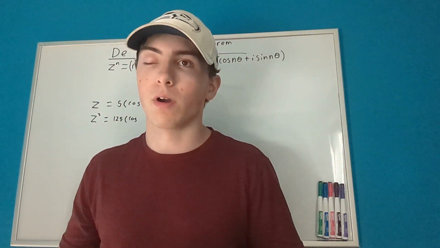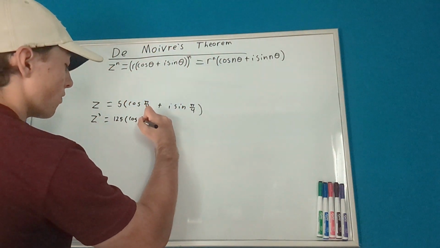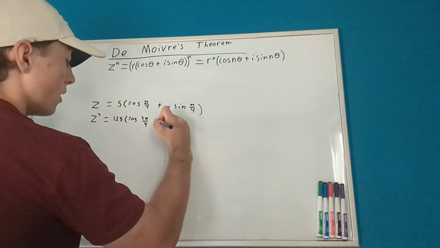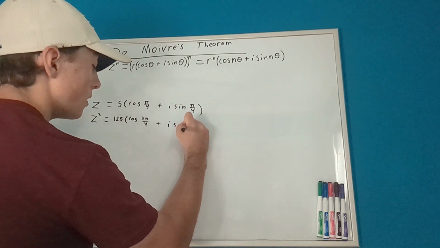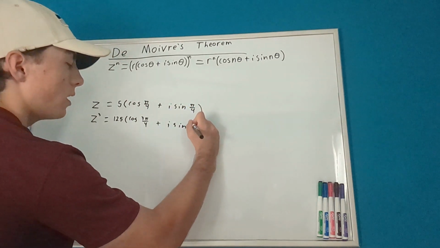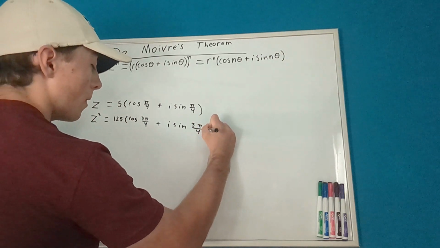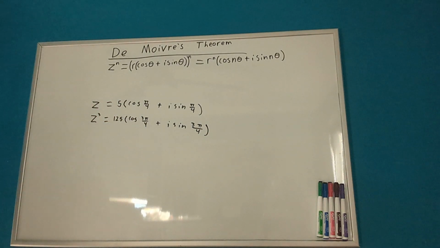So pi over 4 times 3 is 3 pi over 4. Cosine of 3 pi over 4, plus i sine, and then once again we multiply by 3 pi over 4. So we have just cubed said complex number.